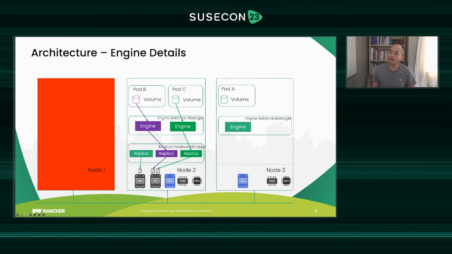The engine is stateless. It doesn't have any state in there, and the state is all in the replicas. And that engine will connect back to the replica on node 2 and provide that storage back to pod A, so your workload will continue to run. So that is how the failure is handled on the data level.